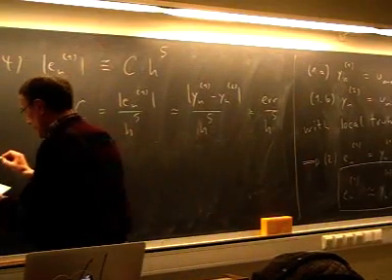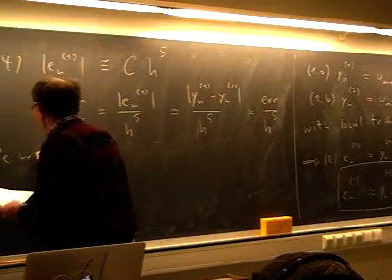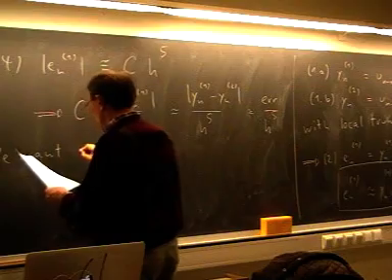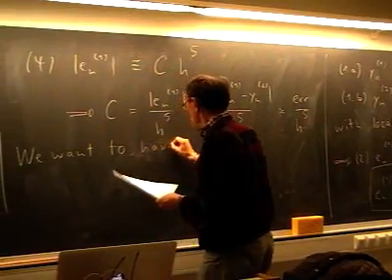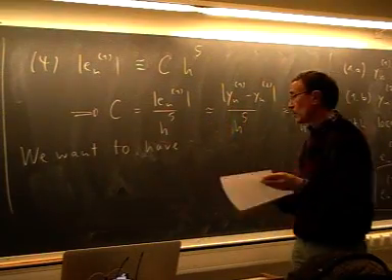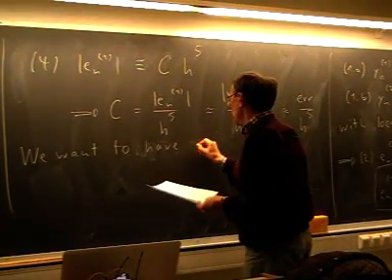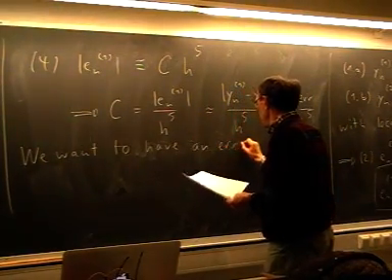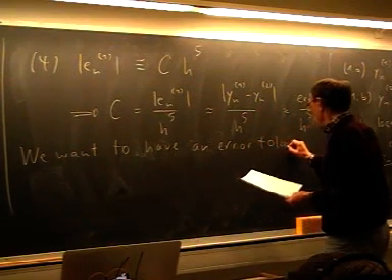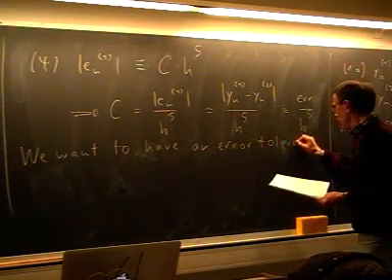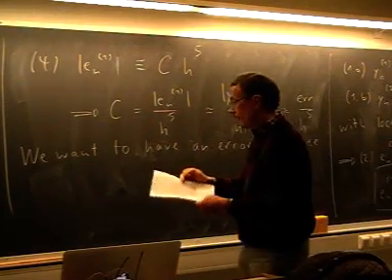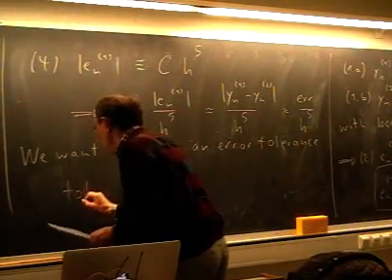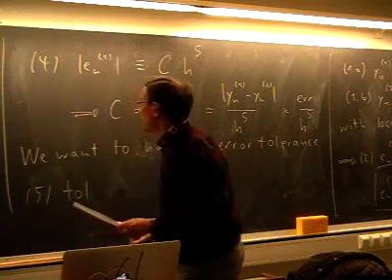But what we want is to have a certain tolerance in which our solution lies, a certain error tolerance. And that is called TOL, or we call it like that.